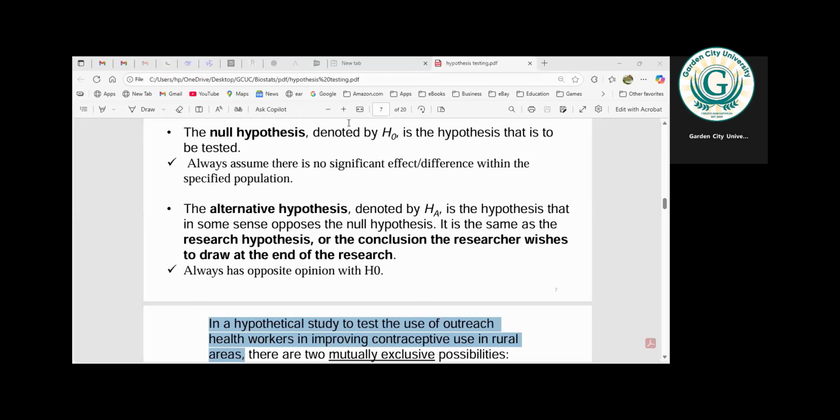Ajubi, Augustina, try it. Ajubi, you can unmute yourself.